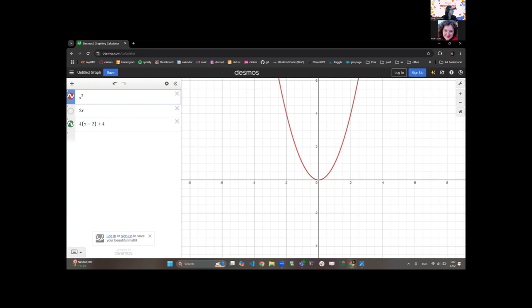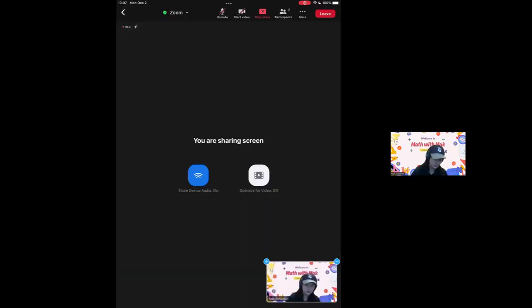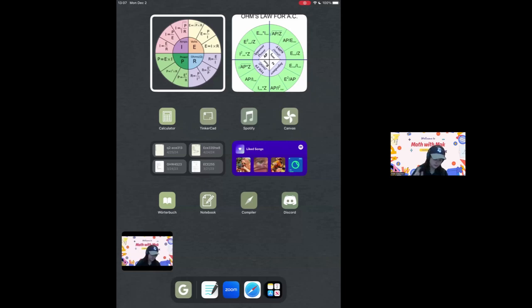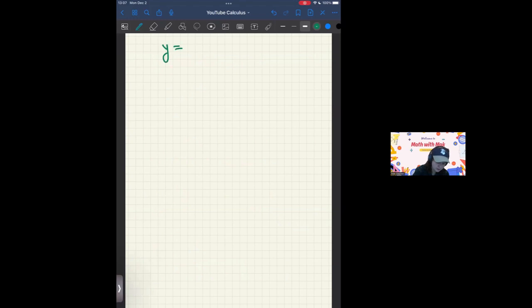So let's look at it back on our notes. So anyways, let's say we looked at this at still y equals x squared, but at x equals 1.